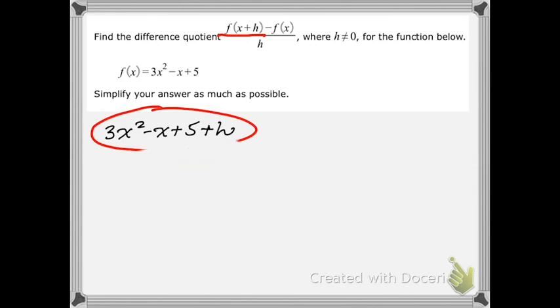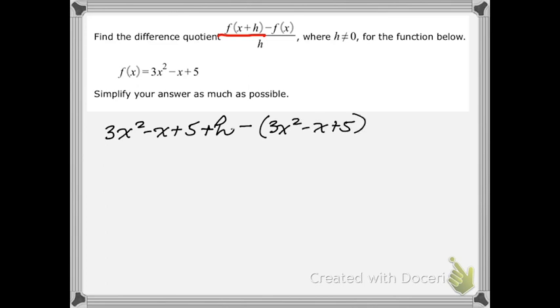Now, I have a fail-safe or a backup plan for you to tell if you've made that error. And students will still make it, even though I show you this backup plan. So let's finish as if we've done the first part correct. And then I go minus 3x squared minus x plus 5 over h. And then I'm going to simplify.